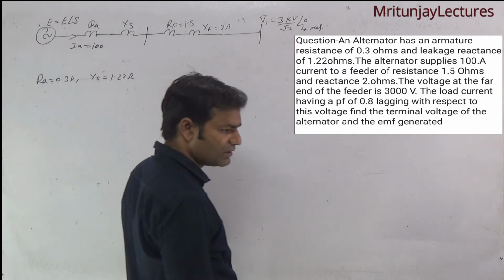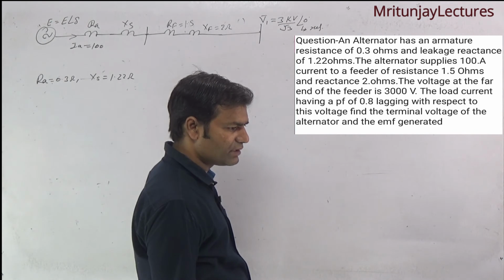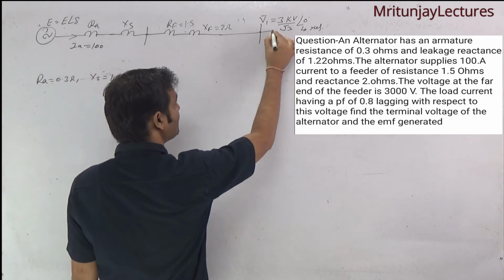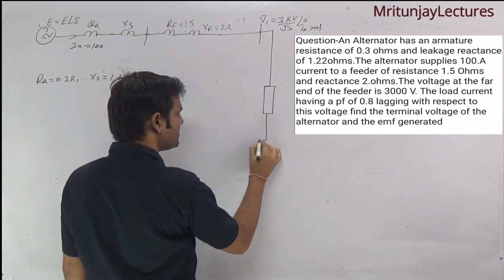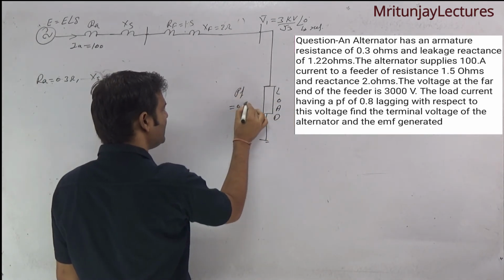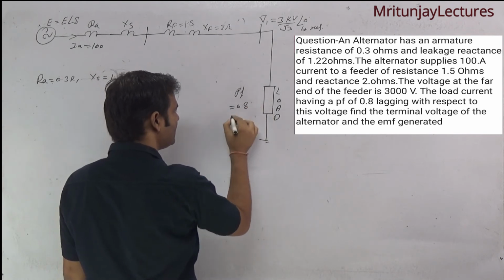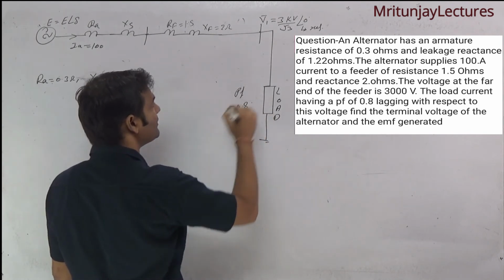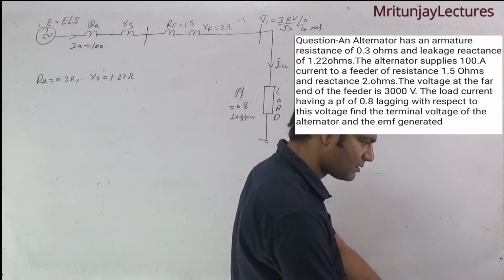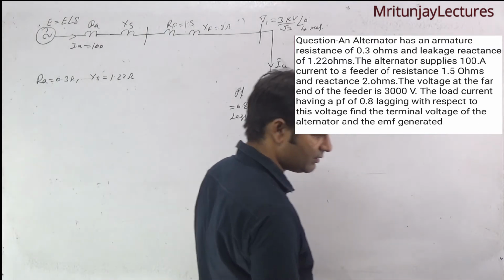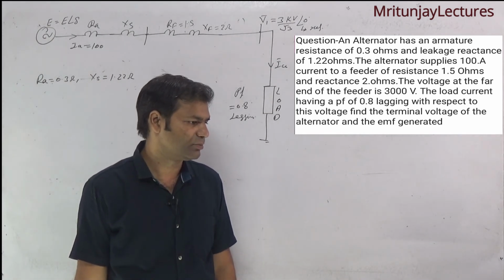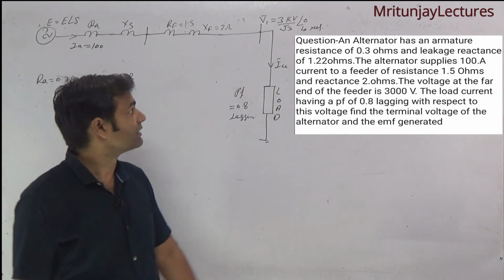After that, corresponding to the question, the voltage at the far end is 3000 and the load current has a power factor of 0.8 lagging with respect to this voltage.